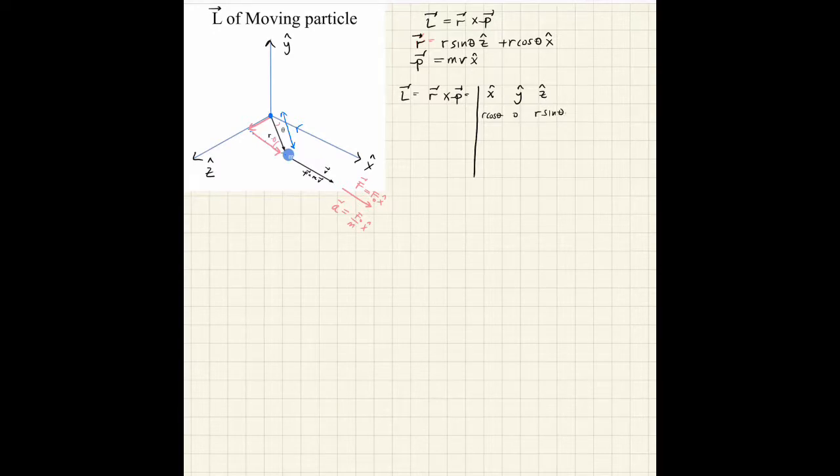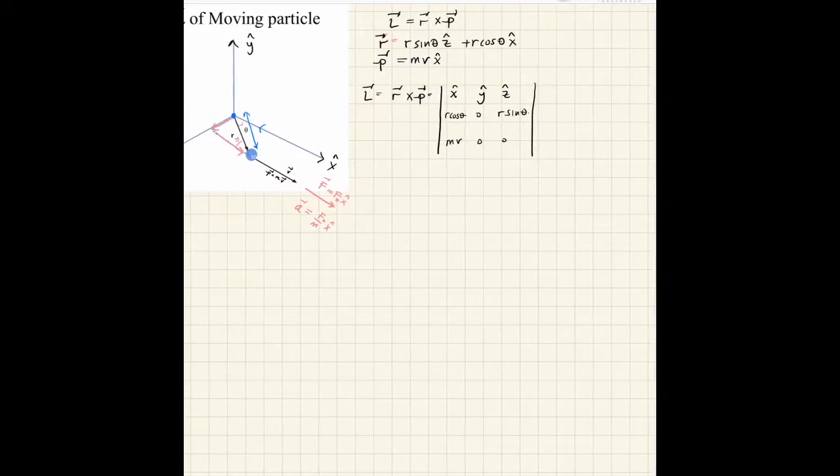And for the second vector, I only have an x hat component. Performing this, cross that one out.